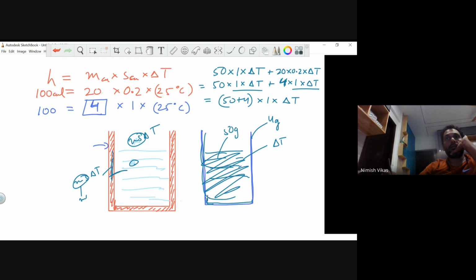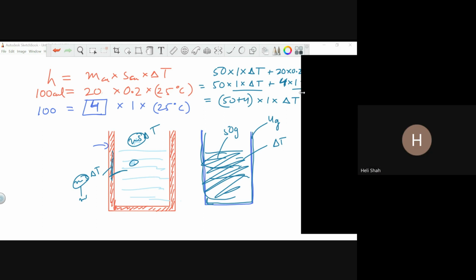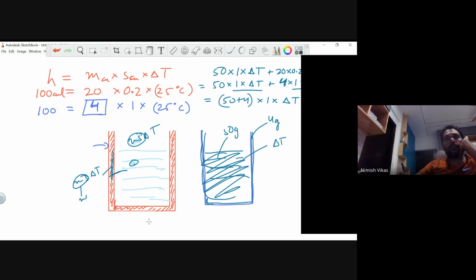What's the point? Yes, sir. So basically, you're finding the equivalent weight of water of the copper and then just adding it up. Yeah. By formula, mass of the actual material of the vessel into specific heat capacity of the actual material should be equal to imaginary water weight into S of water. Only helpful when the calorimeter was having water inside it, so that you can consider the vessel and the water together.